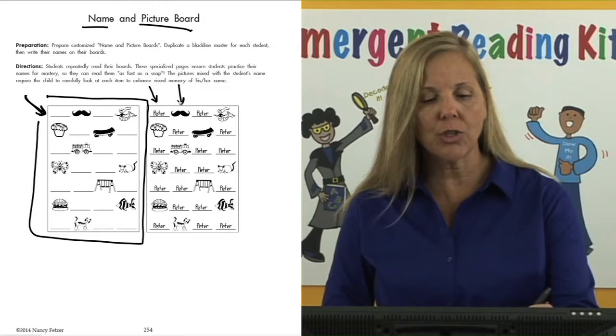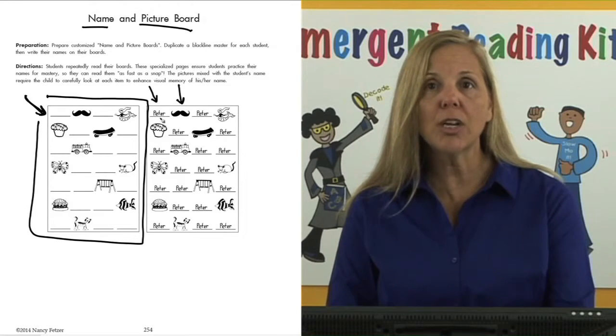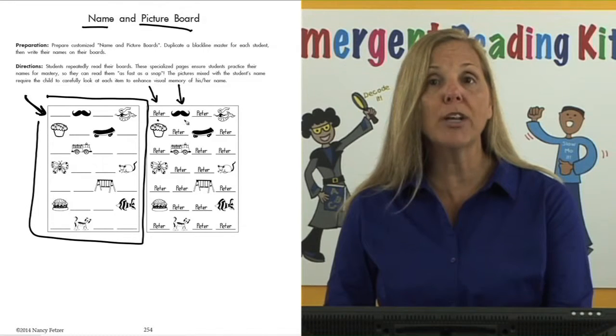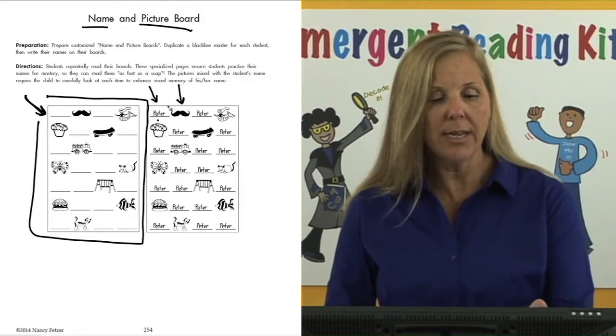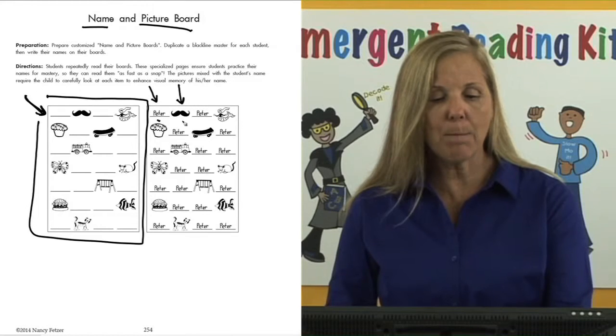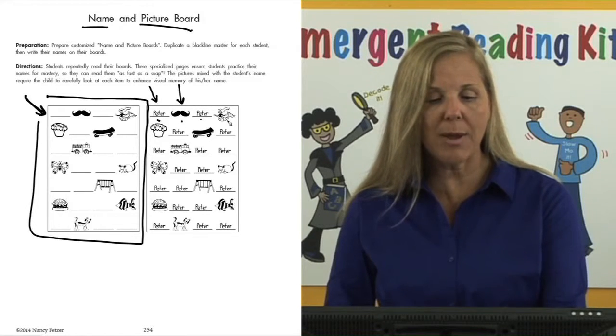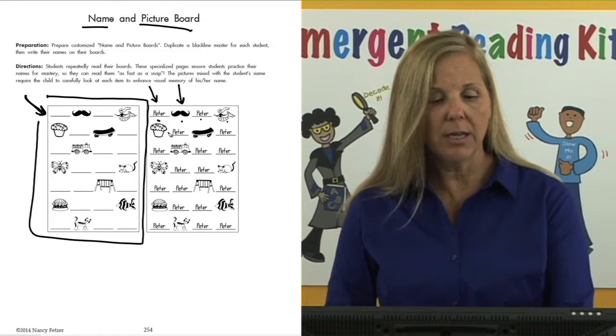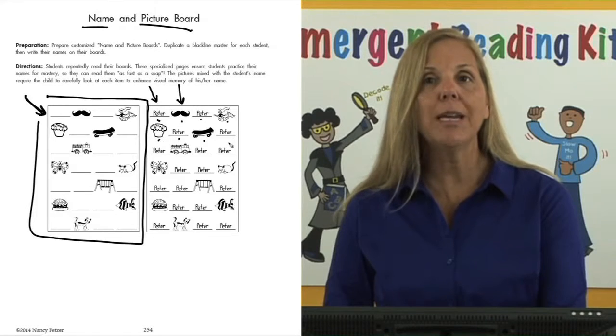So what did I do? I added pictures. When Peter gets this page in a small group, he will touch the words and pictures one to one and go left to right, saying his name, Peter, mustache, Peter, mermaid, just like that. And notice he has to do the return sweep where he will have cupcake, Peter, skateboard, Peter.